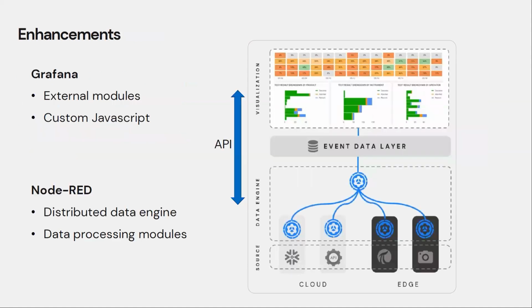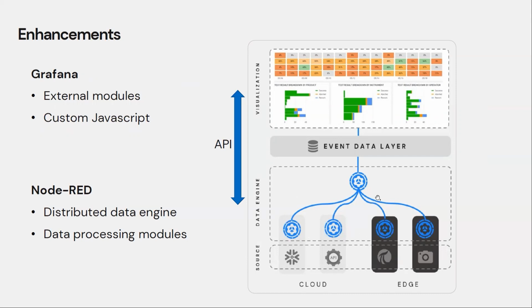So while Node-RED, InfluxDB, and Grafana are very, very powerful already, what we have found is that there are certain enhancements that make them much more powerful. So in this case, when it comes to Node-RED, one of the challenges is that data typically are located in different places. Some of them are in the cloud, some of them are at the edge.